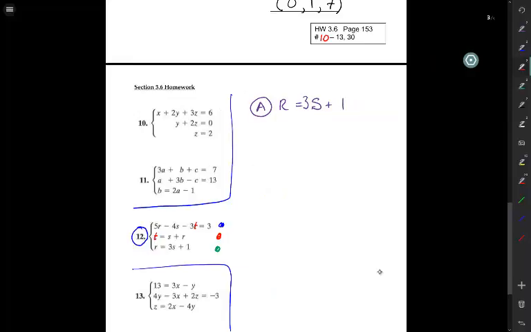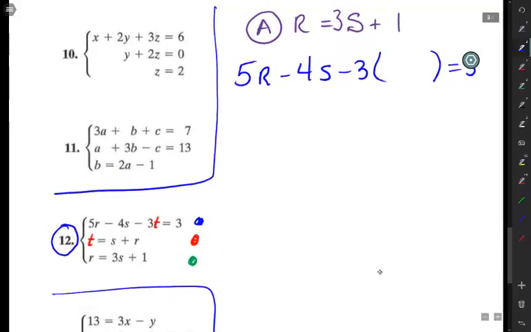So here we go. 5r, in blue now, minus 4s minus 3 parentheses equals 3. And what goes in that parentheses? s plus r, in red, because we're pulling from the red equation.